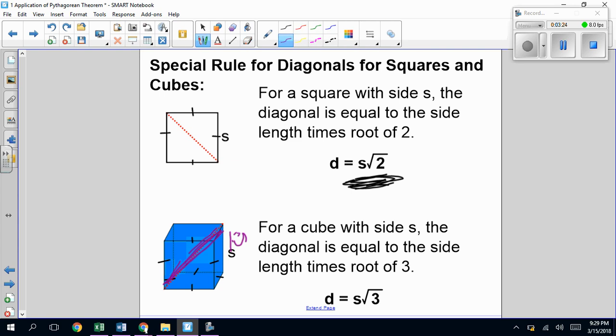My goodness, I'm really having a lot of trouble here. 10 times, there we go, 10 times the square root of 3. If this side length here for this square was instead 3, this side length would be 3 times the square root of 2. And this is for all squares and all cubes.